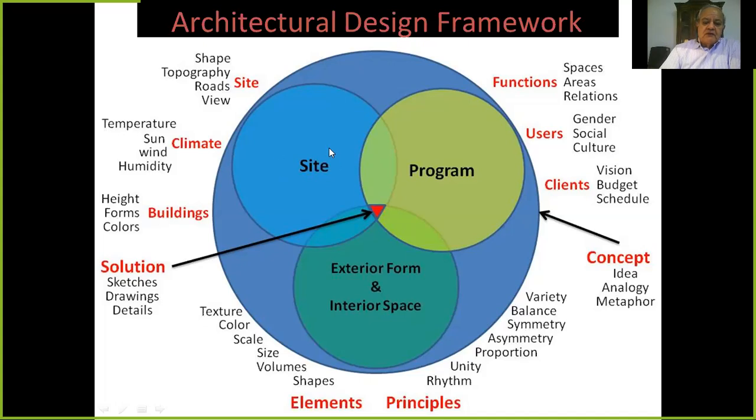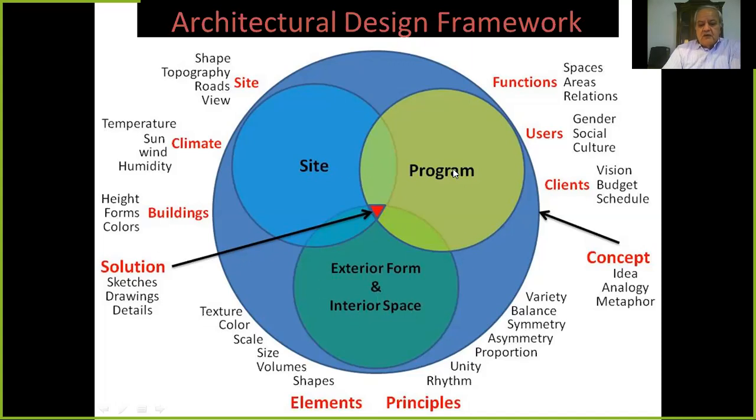The other part of the design focuses on the site analysis in terms of site shape, topography, roads, views, and so forth, and also focuses on the climate, the temperature, sun, wind, humidity, and the surrounding context or buildings. Their height, form, colors, materials, and so forth.